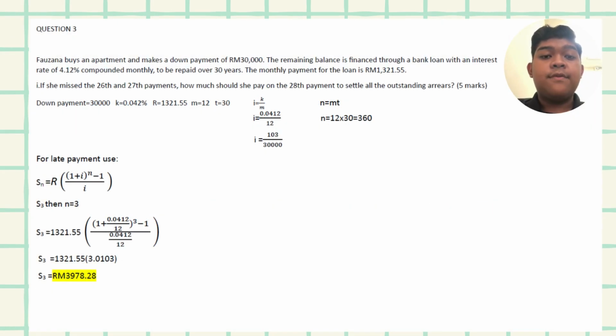For this question, you must find down payment K, R, M, and A. So after that, you must search for I and N. So for I, the amount was 103 over 30,000 and N is 360.